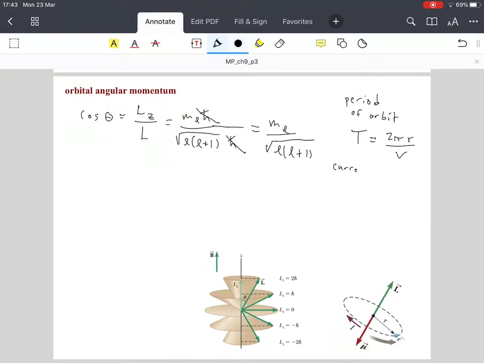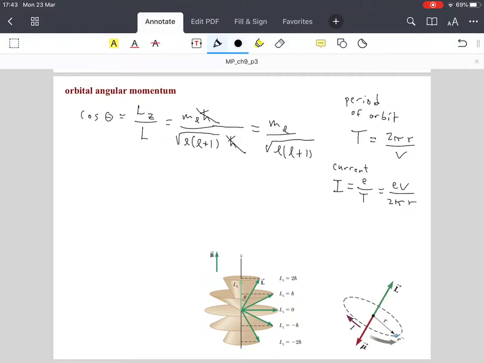All right, and then if we say that the current is this charge per period, then we can write this out as e v divided by 2 pi r. Okay, now why do we do that?